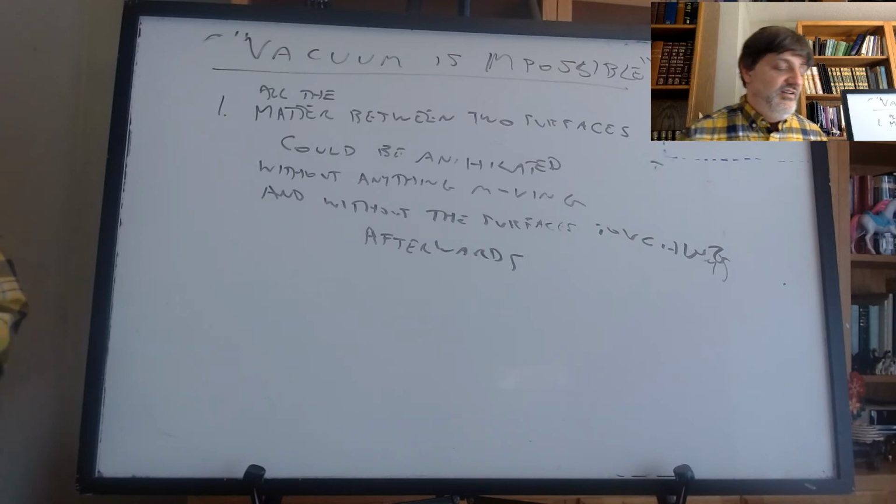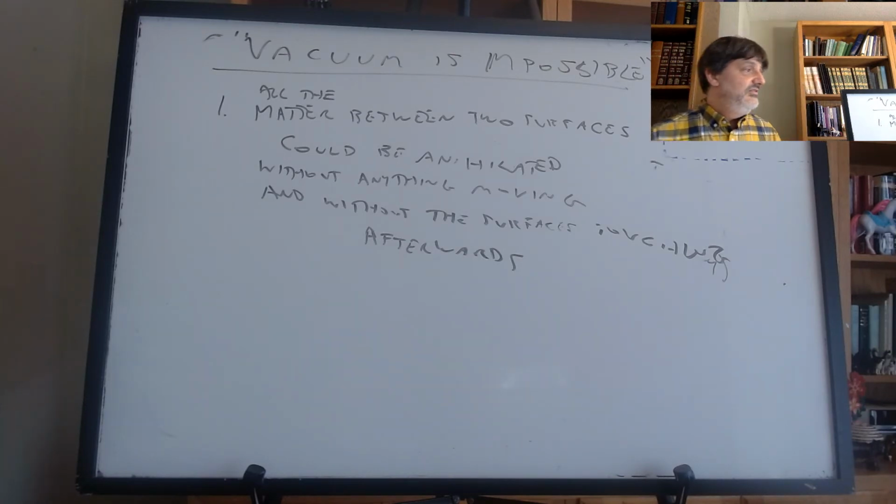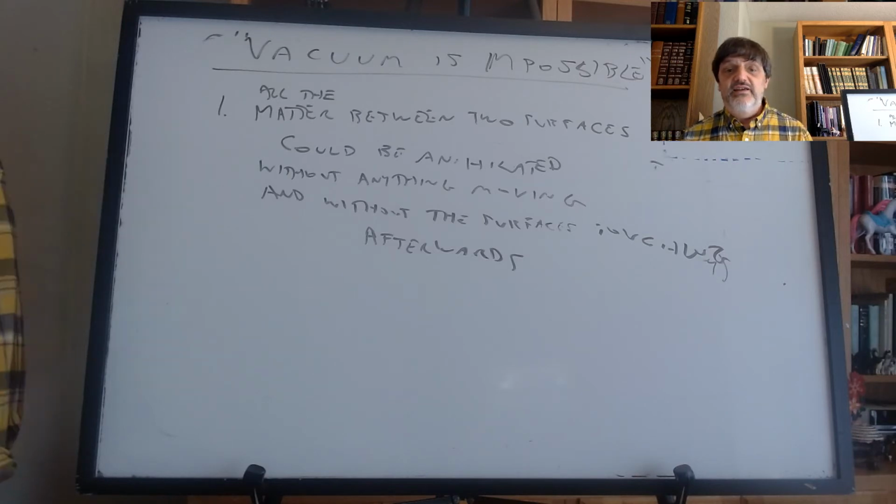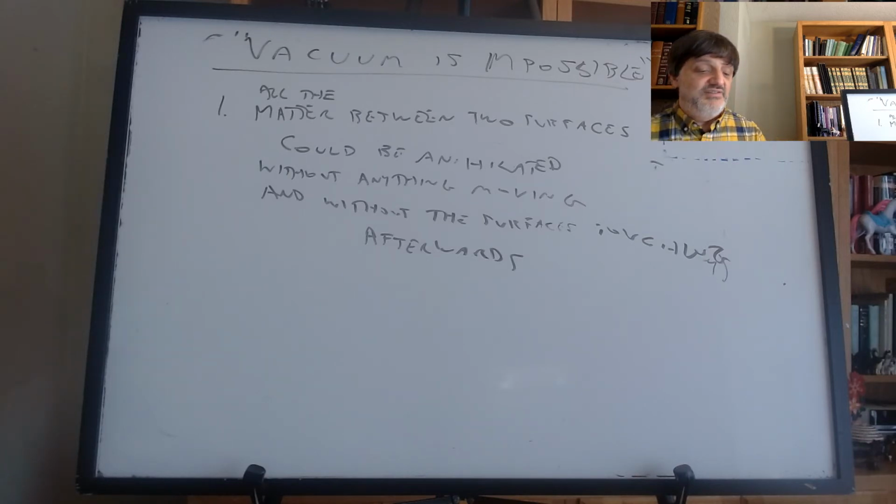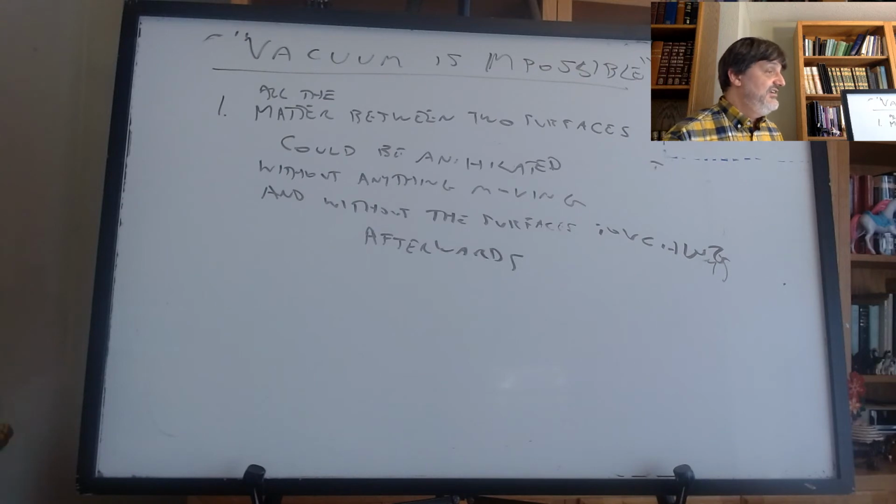So, but of course, someone could address this by saying, and I mean, this is what Spinoza says, essentially. If you ask Spinoza, what would happen if God annihilated the body that's between these surfaces?